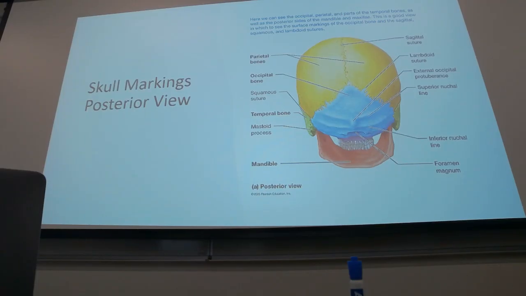So it's the suture that connects the parietal bone on the left and the parietal bone on the right.